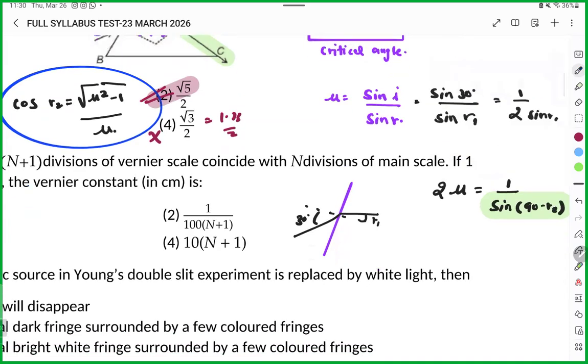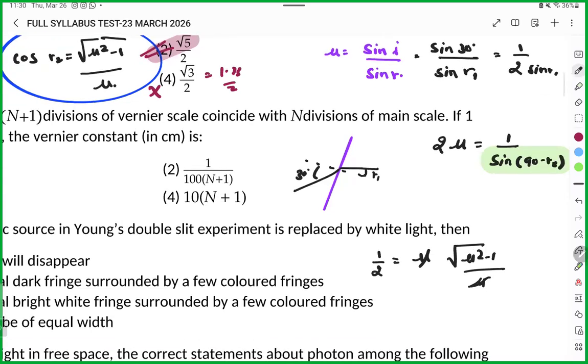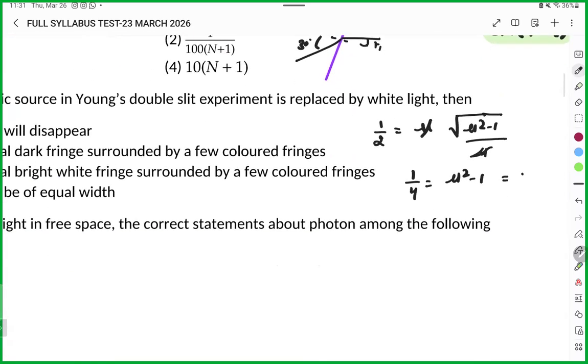If you cross multiply, it will be equal to 1 by 2, and the cos theta value is equal to under root nu square minus 1 by nu. Nu cancels. If you remove the under root, on the other side it will become a square, equal to nu square minus 1, correct? It will go to the other side. Then nu square will be equal to 1 by 4 plus 1, which is 5 by 4. If you take the under root, it will be under root 5 by 2.